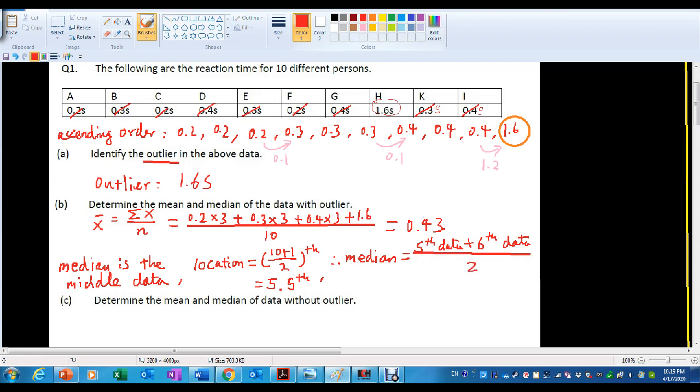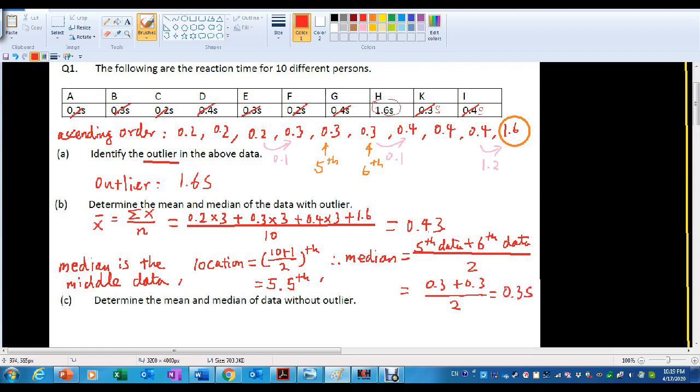Let's find out where the 5th data is. 1, 2, 3, 4, 5. So here's the 5th data, and that's the 6th data. The 5th data is 0.3, the 6th data is 0.3, and you add them and divide by 2. So that's 0.3 seconds.